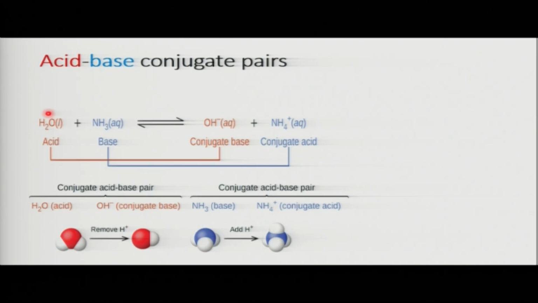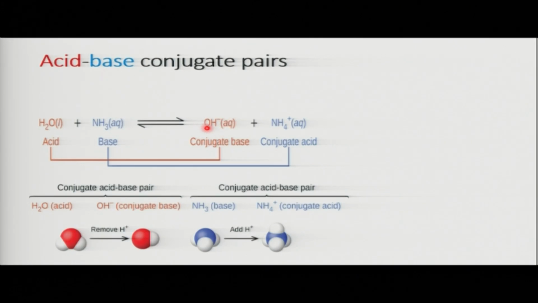Water is an acid in presence of ammonia because it will donate a proton to ammonia, ammonia accepting a proton or a hydrogen ion, and it forms ammonium ion. When water loses a proton, it forms OH-. This OH- can take back a proton from ammonium ion to form again water. So in this case, we have water as the acid with its conjugate base OH-.